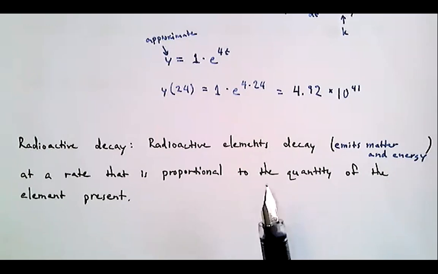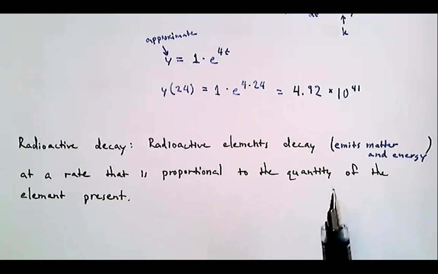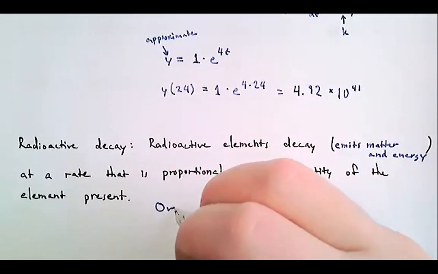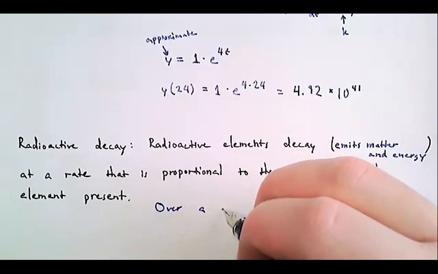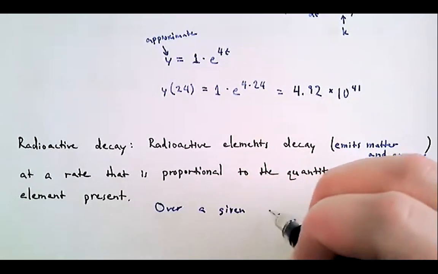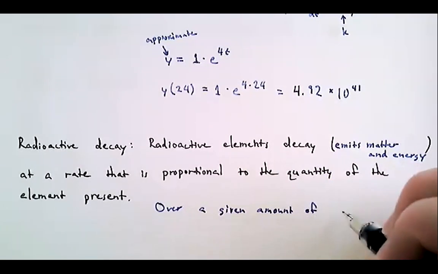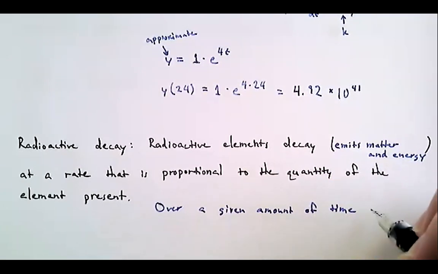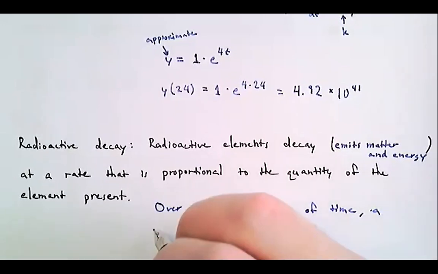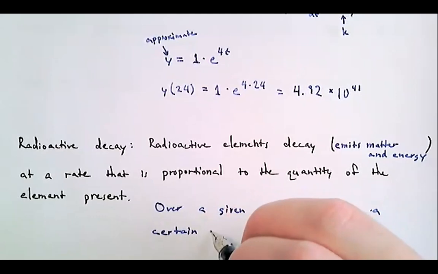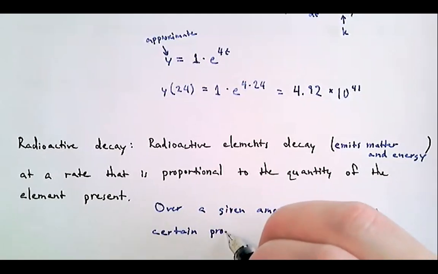So over a given amount of time, a certain quantity of your element is going to decay, to put it a different way, let's say a certain proportion of the atoms will decay.